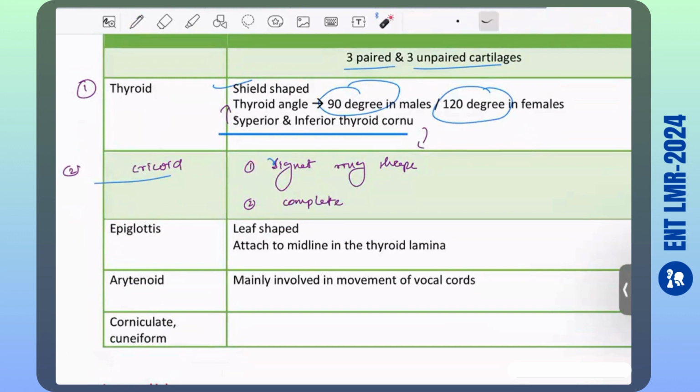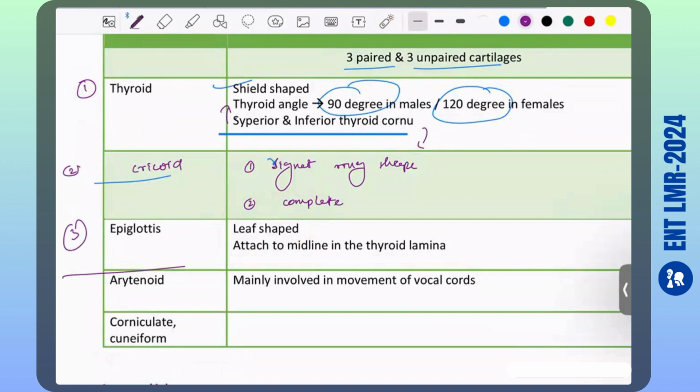It is a leaf-shaped cartilage. It is attached to the midline in the thyroid lamina. So epiglottis will close and open the airway. So this will prevent aspiration. Very important cartilage. So these 3 cartilages are unpaired cartilages. Okay, unpaired cartilages.